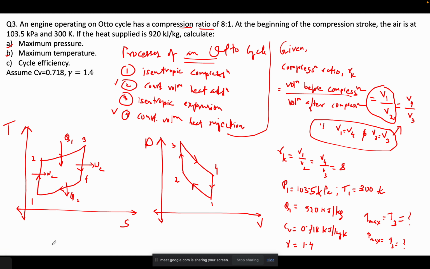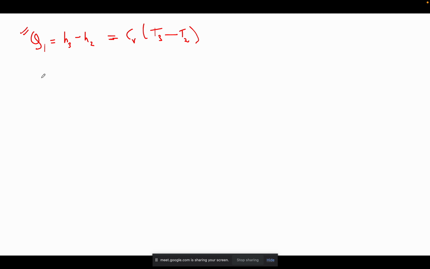Now how will we know T2 given T1? For the process 1 to 2, T2 by T1 is equal to (P2 by P1) to the power (gamma minus 1) by gamma, but we don't know the pressure ratio.